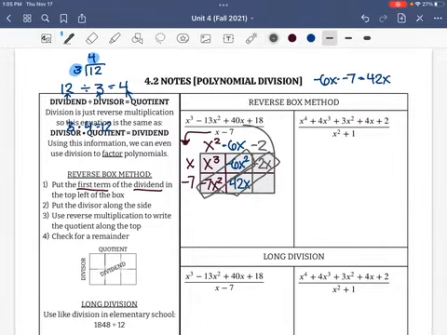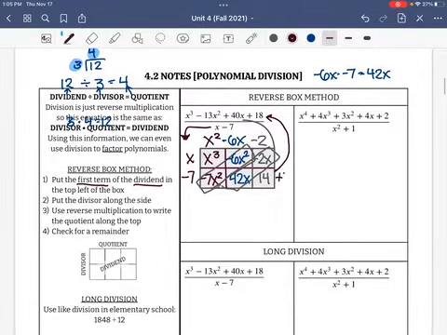Then negative 2 times negative 7 is positive 14. Now you'll probably notice, if you look, that 14 is not the same thing as 18. So we need to add 4 off to the side to make it equal 18. That right there is our remainder.